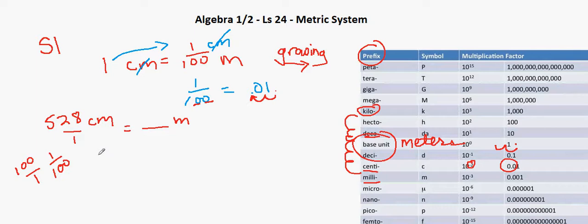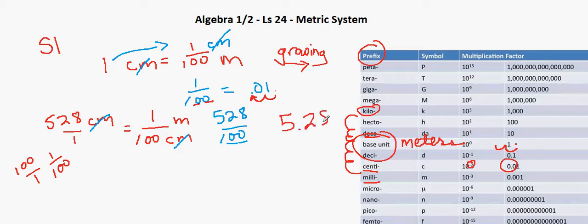So therefore, we're going to choose 1 over 100. And the other way to remember that is our unit multipliers, to remember that we can cross cancel this way. And now what we're going to be doing is setting up 528 over 100, or dividing by 100, moving the decimal point 2 spots, meaning I end up with 5.28.